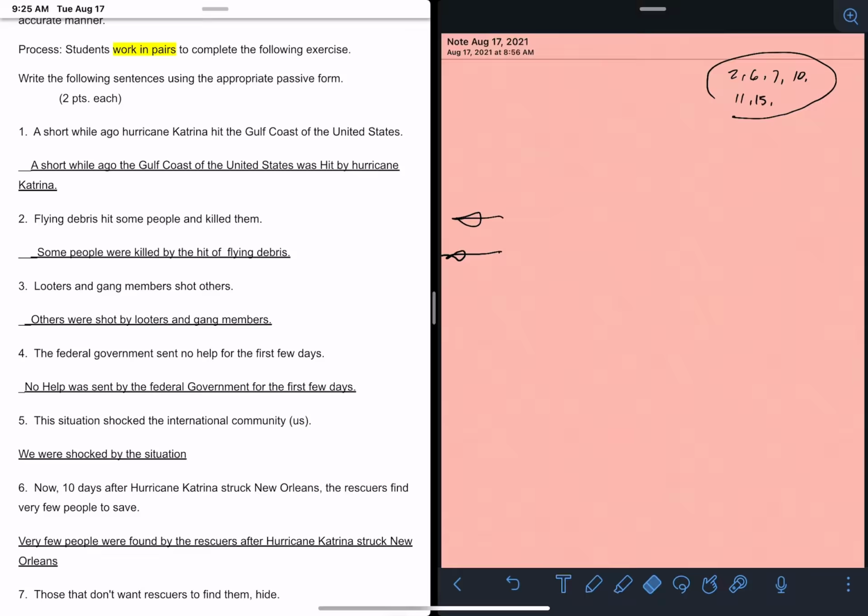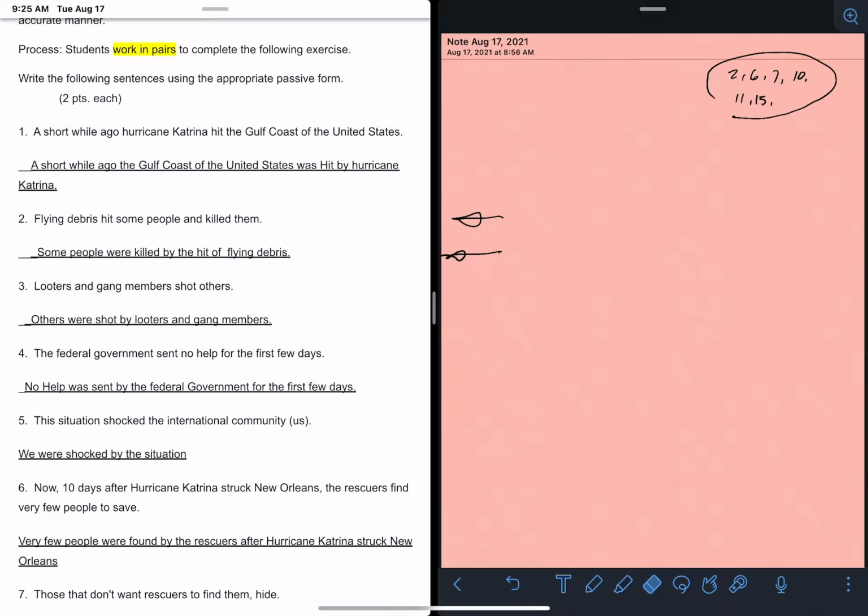In the active sentence, it says the debris hit some people and killed them. So I would keep those verbs, hit and killed, in the same order. So the sentence should say, some people were hit and killed by flying debris.